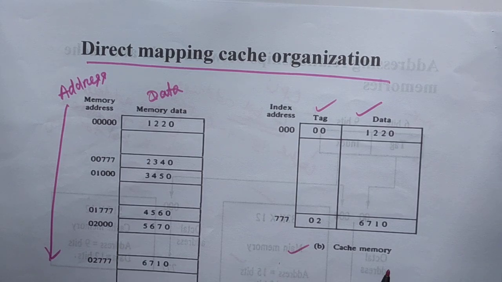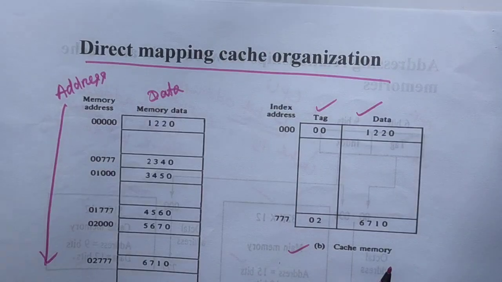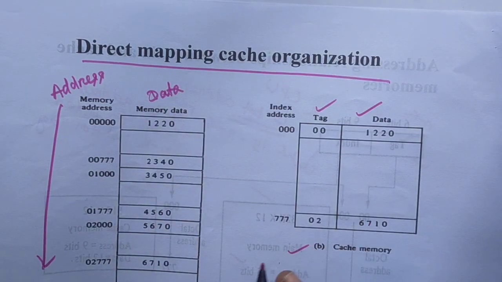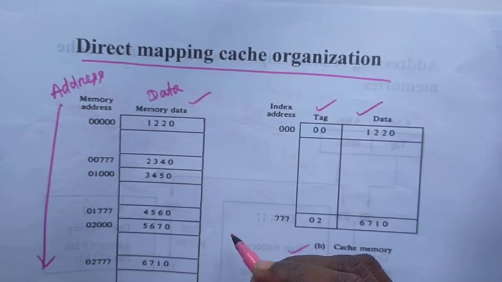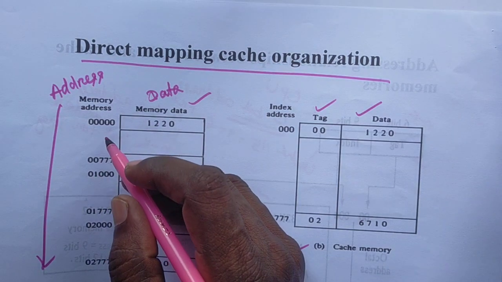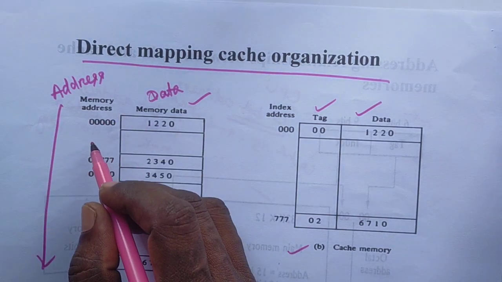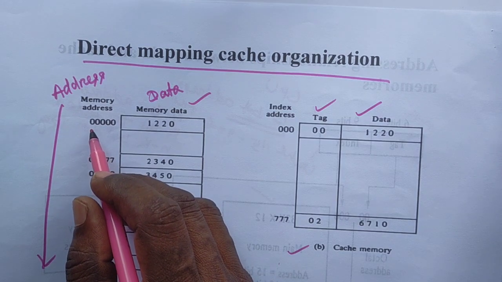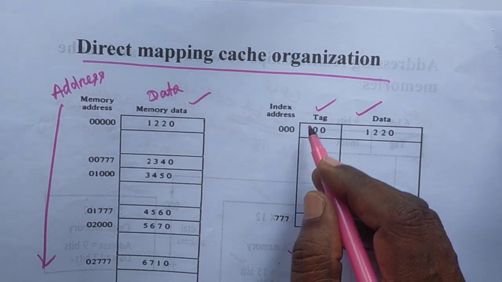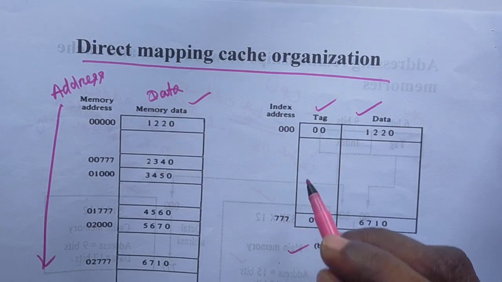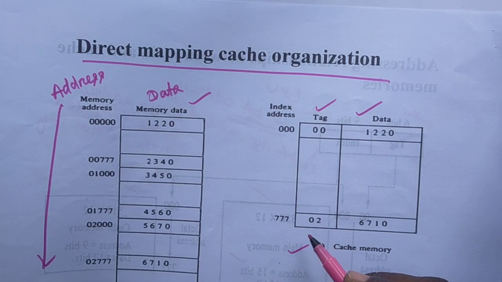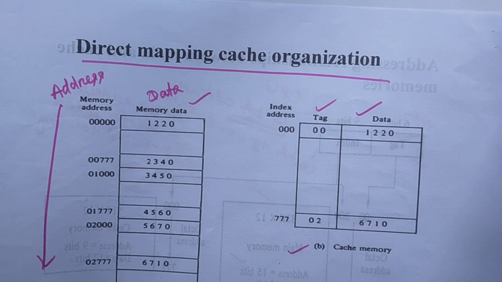So we can compare the cache memory and main memory in this way. I hope all of you understand this very simple concept. In main memory, the data memory is defined this way, and the memory address is also defined as a combination of tag and index. But in cache memory it is defined separately, because the CPU identifies the tag to search whether the corresponding data is available in the cache memory or not.